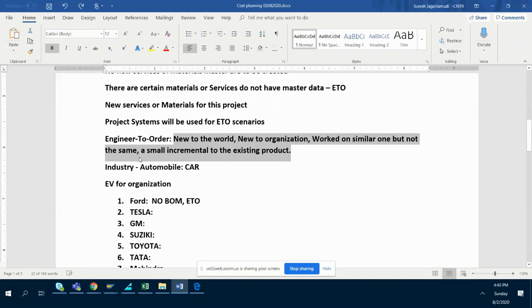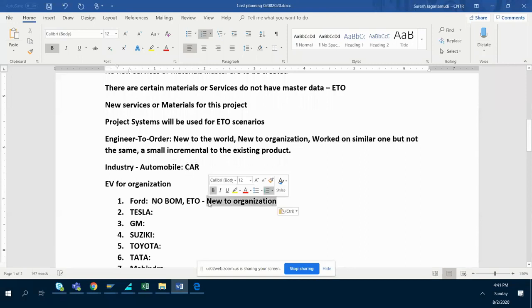Maybe it is new to the organization, because electric vehicles are already in the market. Tesla has already released this product, so for this organization it is new. Okay, now surely it is under ETO and new to the organization.